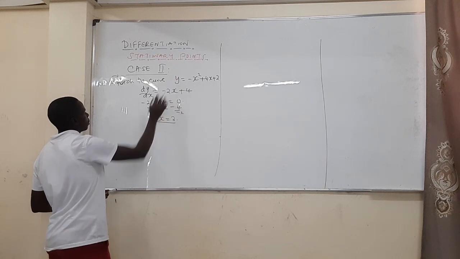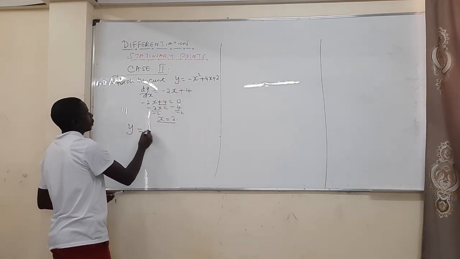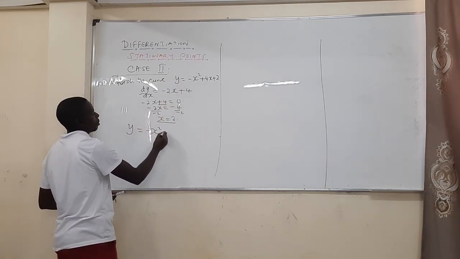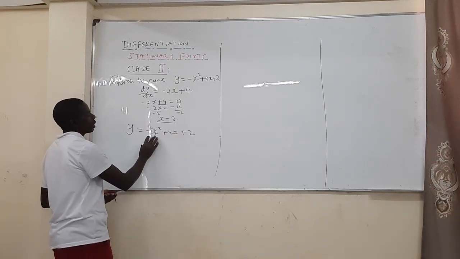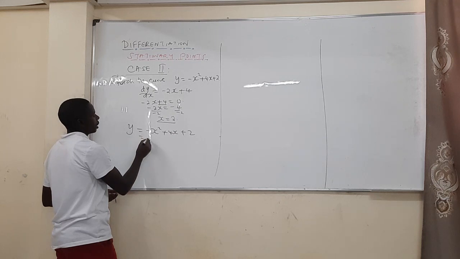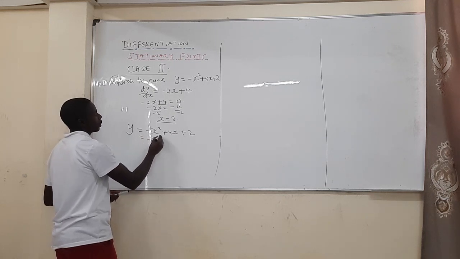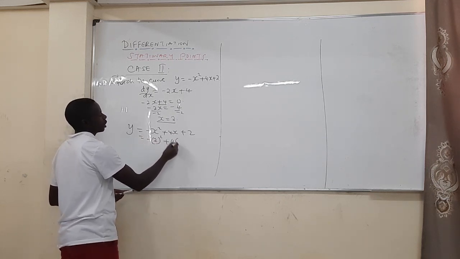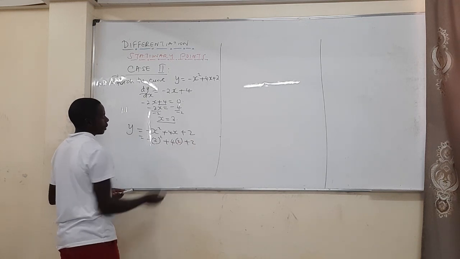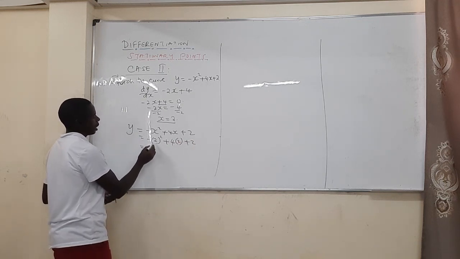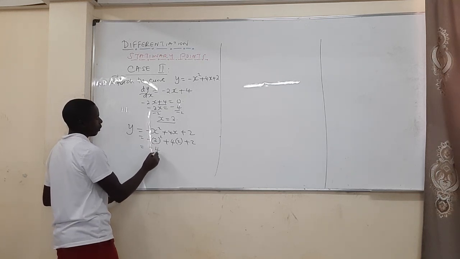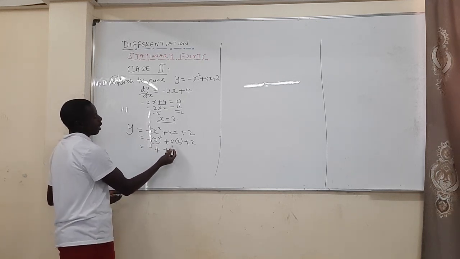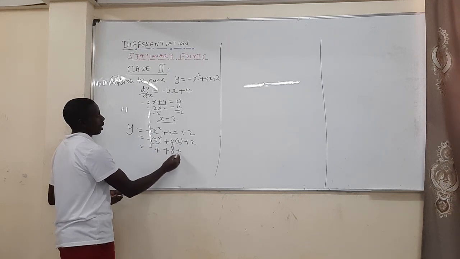So we take our equation of the curve, y equals minus x squared plus 4x plus 2. We substitute x with 2, so we get minus 2 squared plus 4 times 2, then plus 2. So this is going to be 2 squared is 4, then minus, we get minus 4 plus 4 times 2 is 8, plus 2.